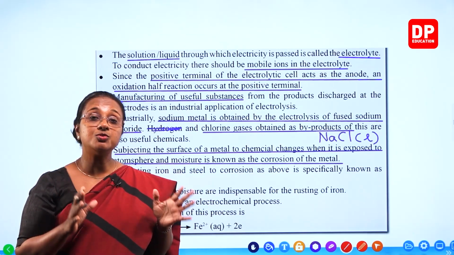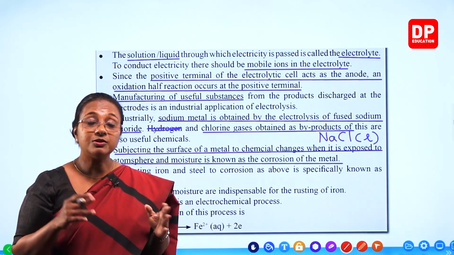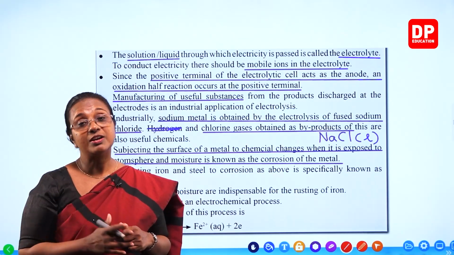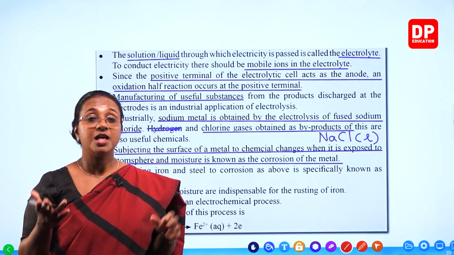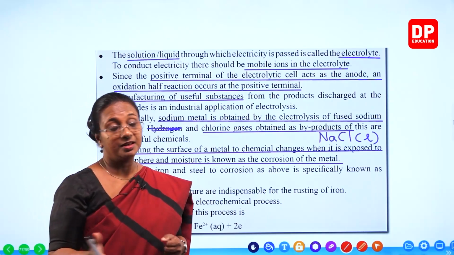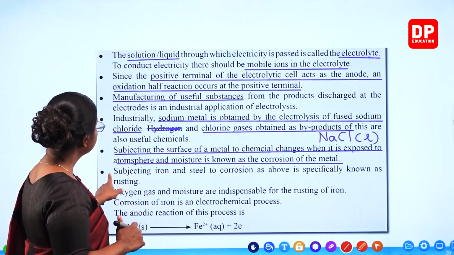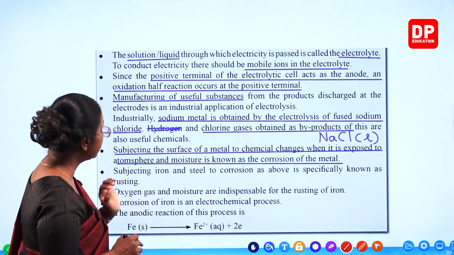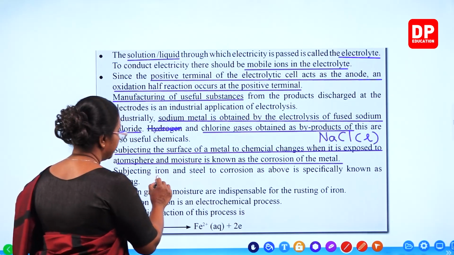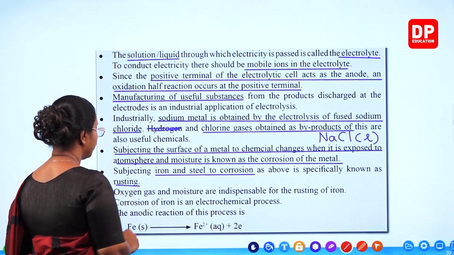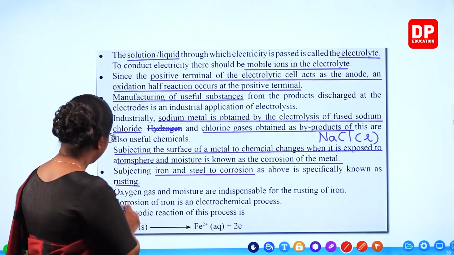But when it comes to iron, the corrosion of iron in the presence of oxygen and water is what we call as rusting. There, of course, we have to protect iron from rusting. You can remember that. Subjecting iron and steel to corrosion as above is specifically known as rusting.